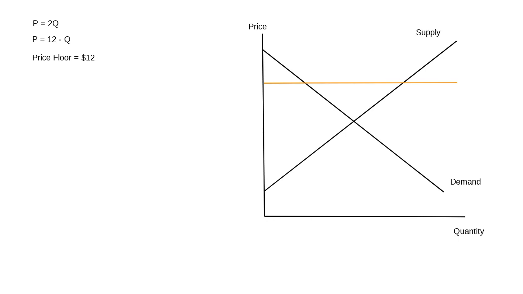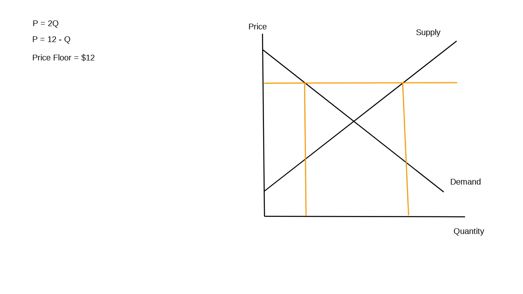A binding price floor is the price that becomes the prevailing price in the market. The equilibrium price is no longer legal, because it's below the price floor, and the price floor is the legal limit. That is as low as the price is allowed to go. That is the floor that the government has put under the price.